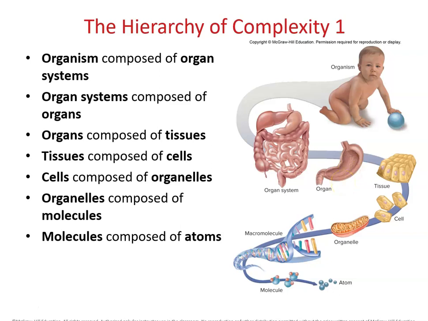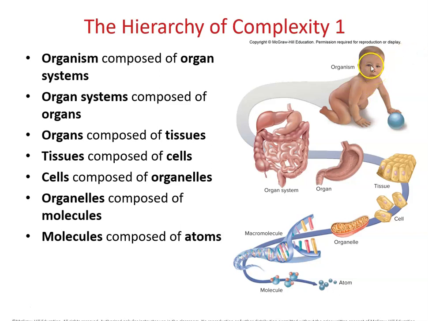When many organs work together to carry out a complex task such as digestion or coordinating body movements, like muscular movements, that is then an organ system. When all of the organ systems come together into a fully functioning, in this case, human anatomy and physiology, we have an organism.